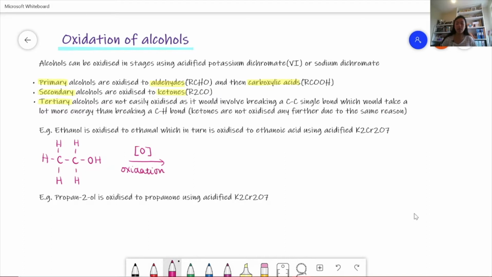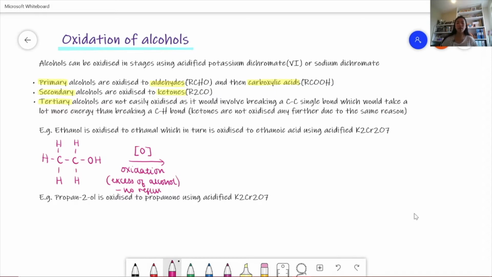And the actual conditions we have it in is that the alcohol is in excess and there's no reflux. And we're going to be looking at reflux a little bit later. So we have an excess of alcohol and also no reflux.